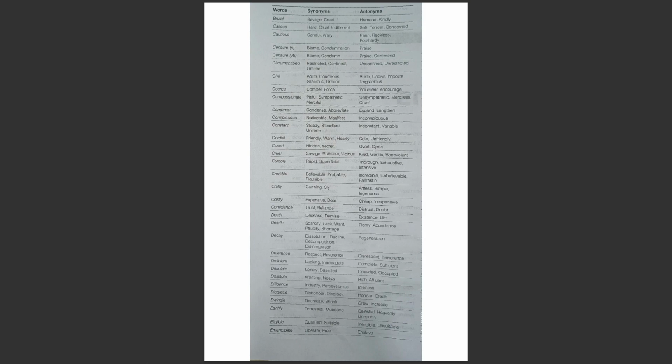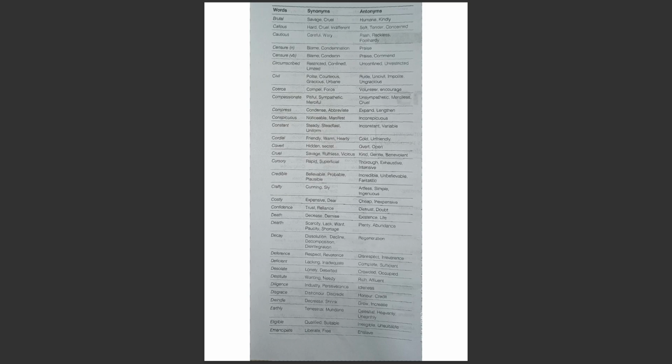So in that context, you would use brutal. But in other context, you would say it was cruel, horrific. These are the synonyms of the word brutal. And the antonym was humane, kindly, kind. These would be the antonyms of the word brutal.